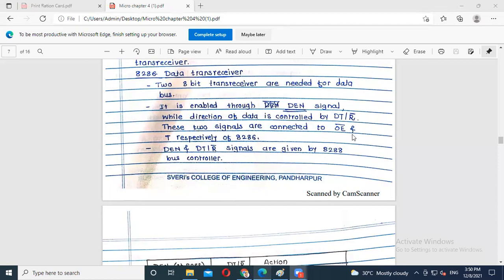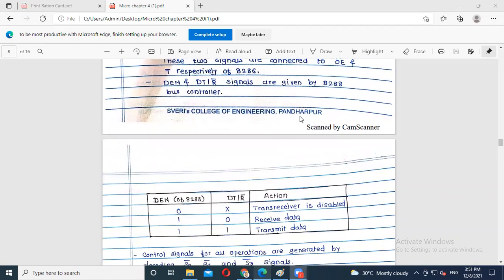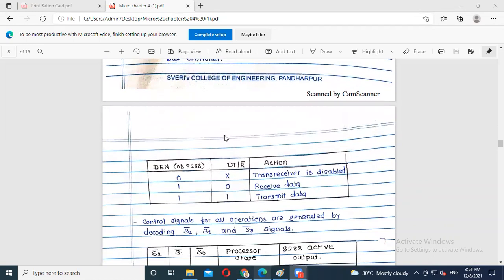The main functionality of the 8288 is to control all the data flow in the buses. Here we use a table with data enable 011, and data transmit/receive 01 with x for the first bit. 0x means it may be either 0 or 1, both cases.